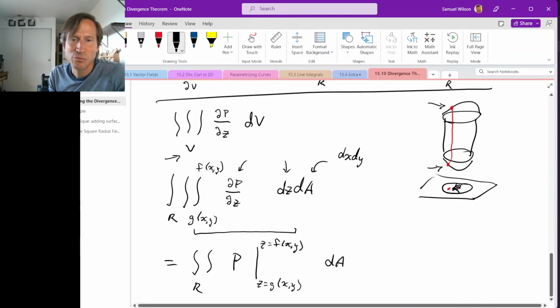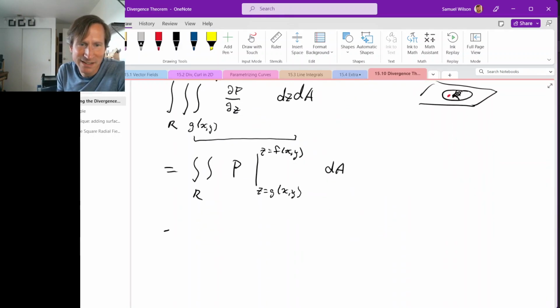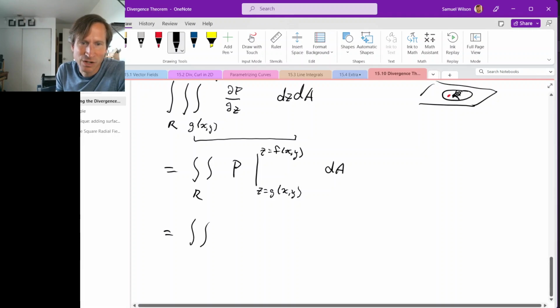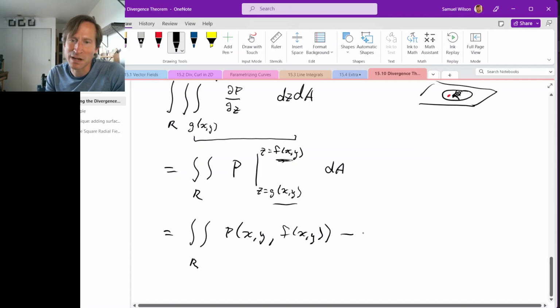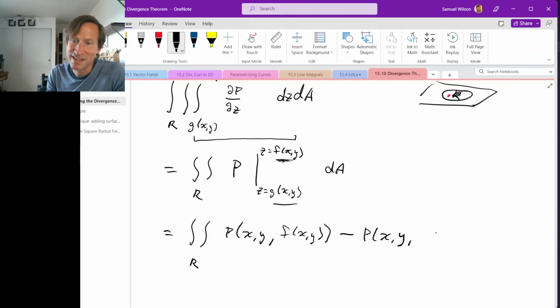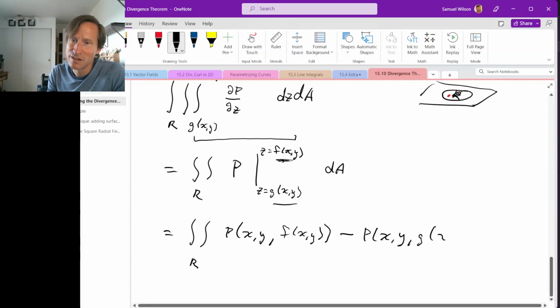So when we write this out, what we get is the integral over this region of P evaluated at x comma y comma, and then z is f of x comma y, minus P at x comma y comma, and then z is g of x comma y, this whole mess dA.